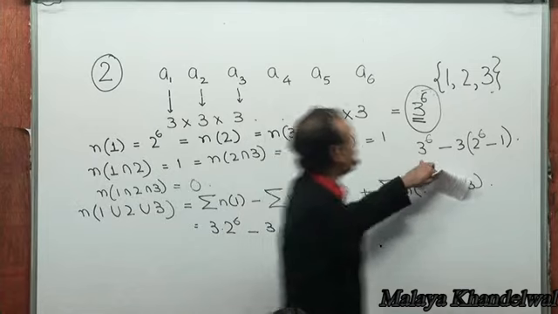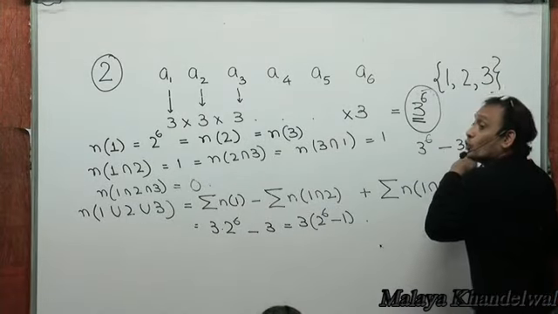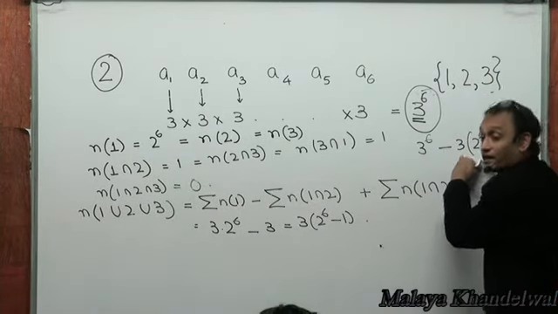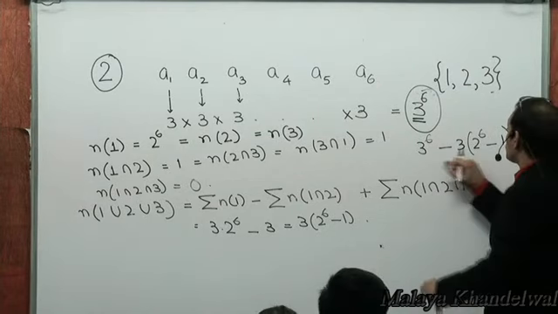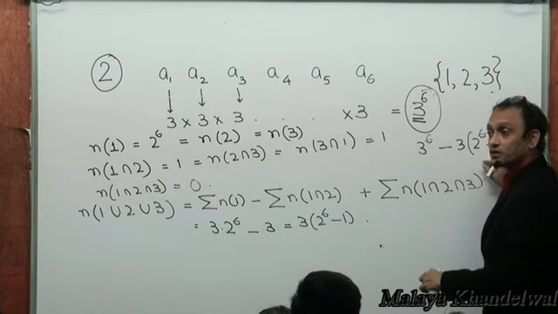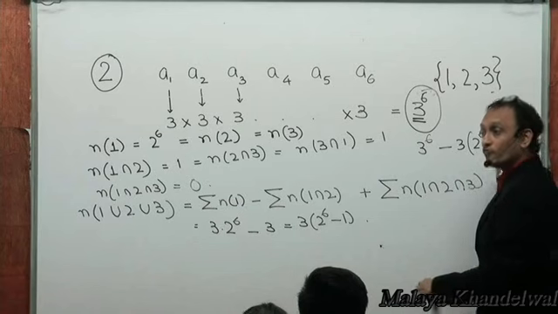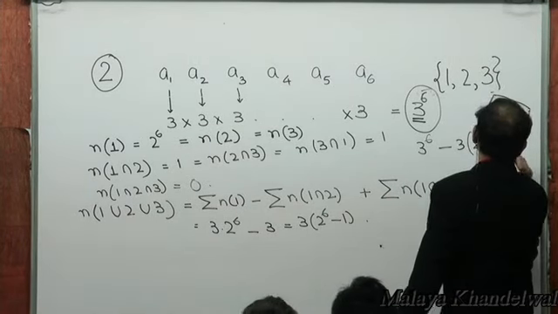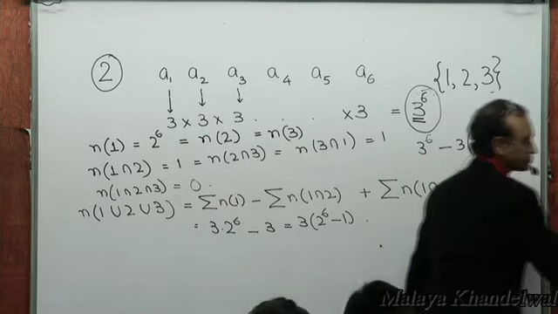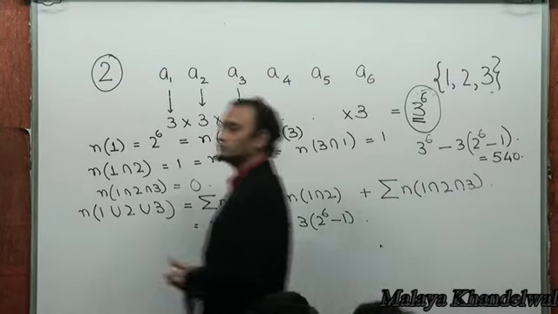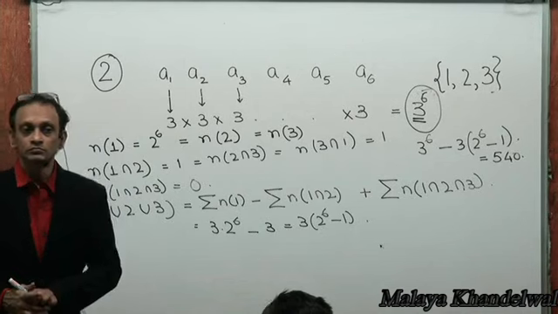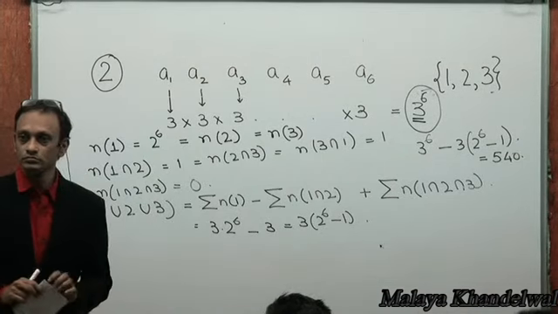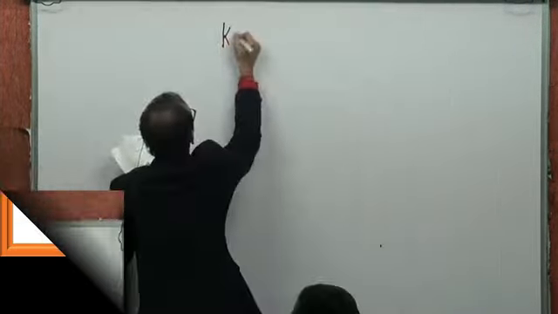And these are those that don't contain at least one of them, 1 or 2 or 3. So this would be the required count. How much does it turn out to be? 540? Okay. So this turns out to be 540 as suggested by you. Yes or no? Got it right?